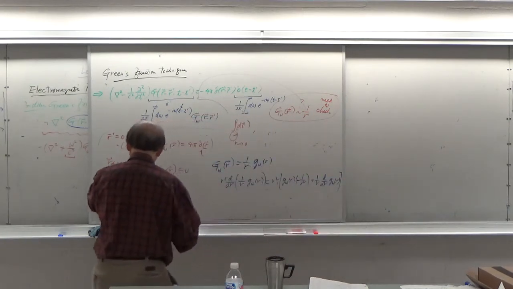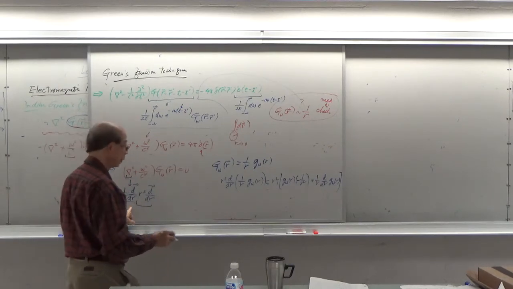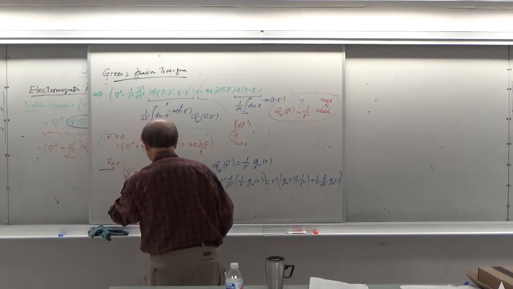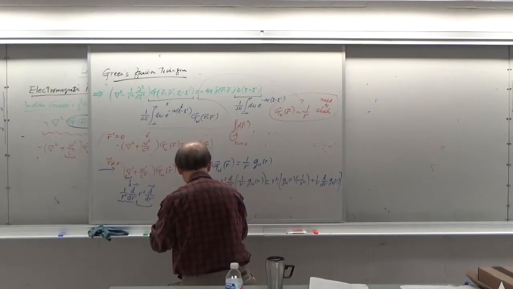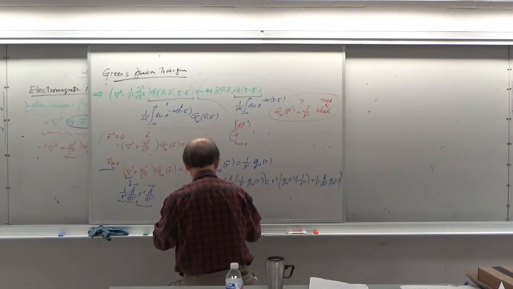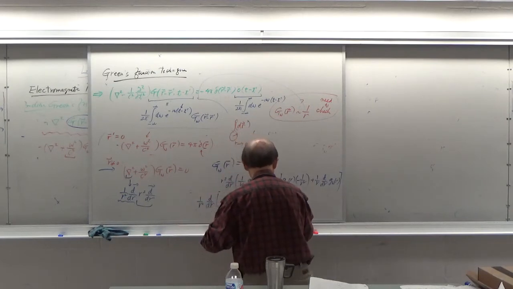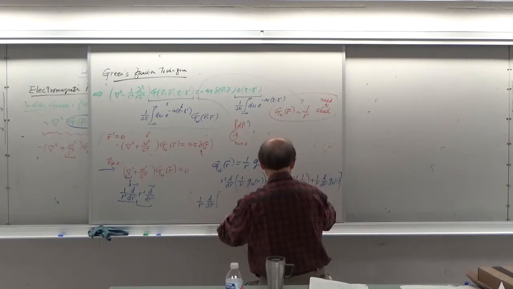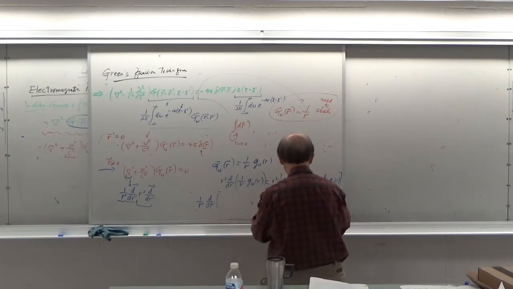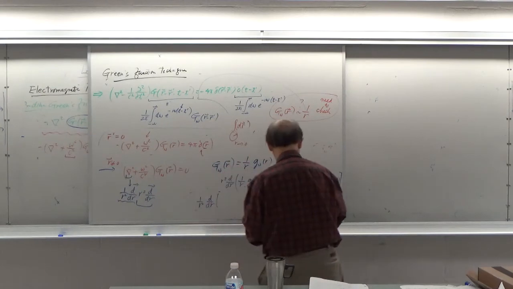After that, we still have to act by another d by dr, then multiply by 1 over r squared for this Laplacian. So 1 over r squared d by dr acting on others would be equal to, acting on this term, let me copy that down.